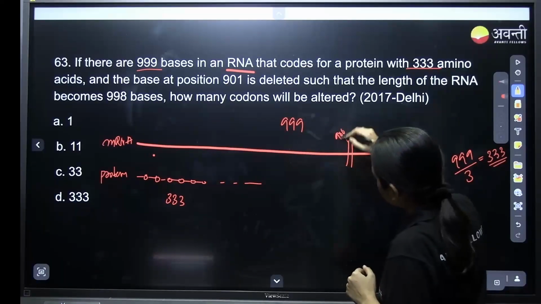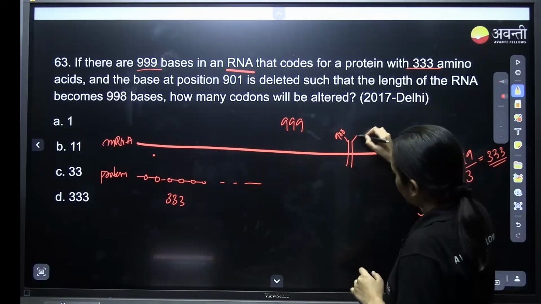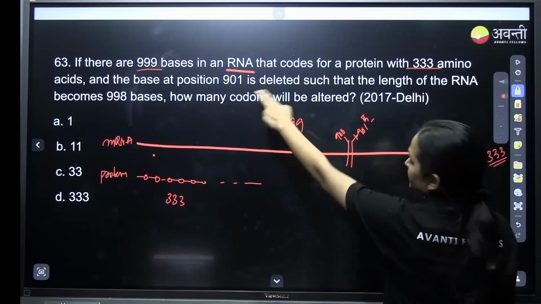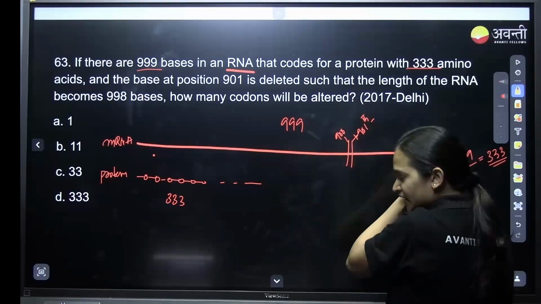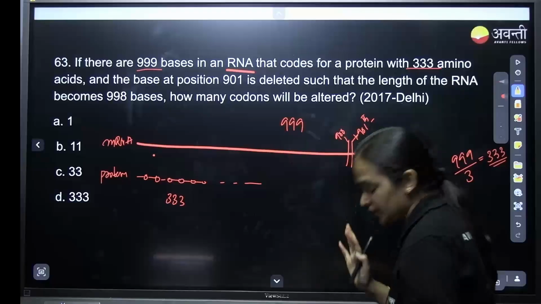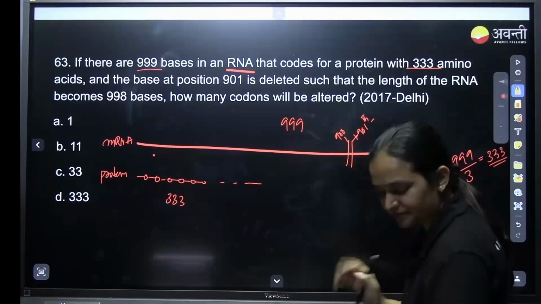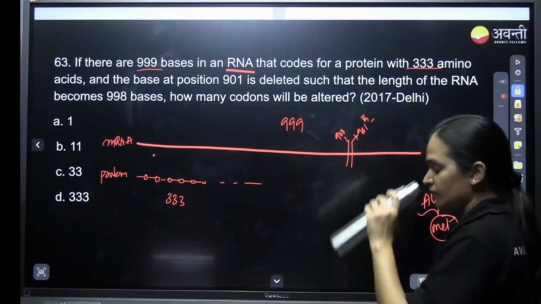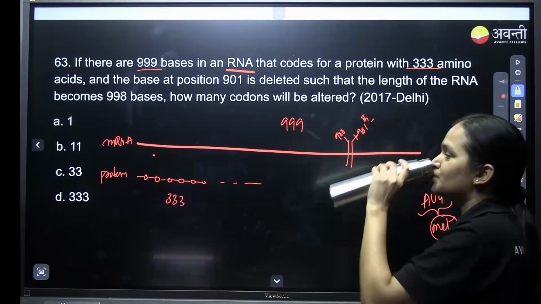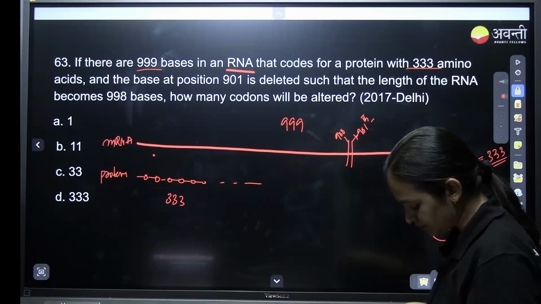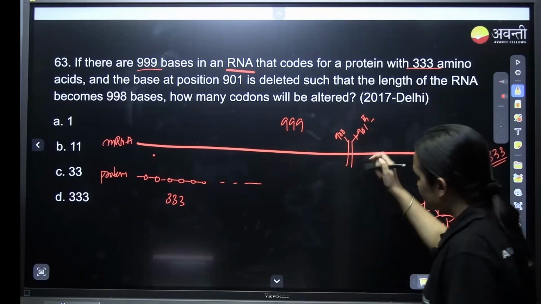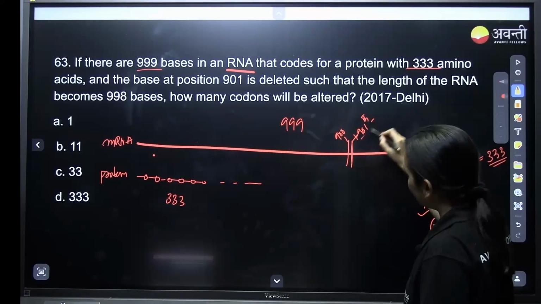Till 900 bases everything is fine. One base at position 901 got deleted. Not base pair, base.